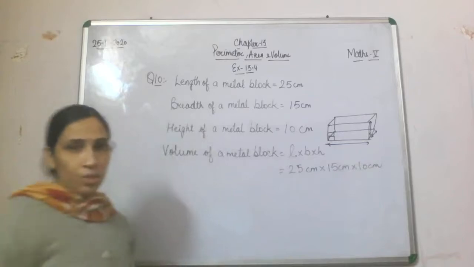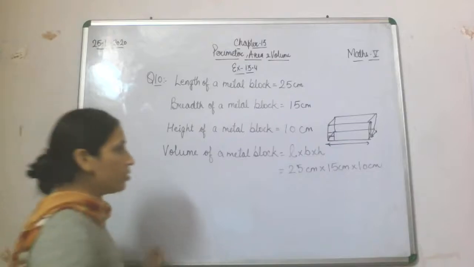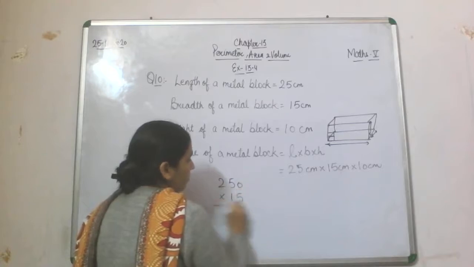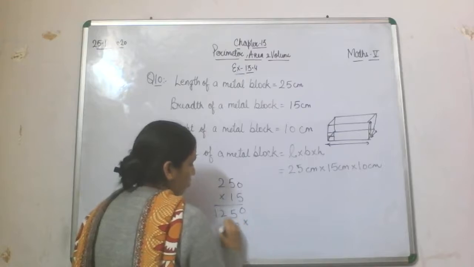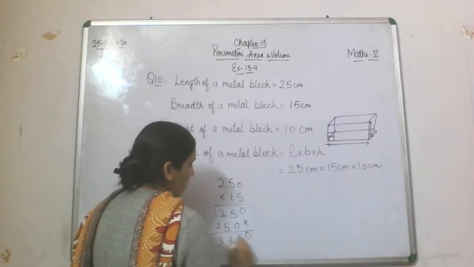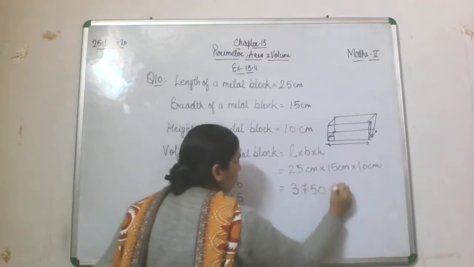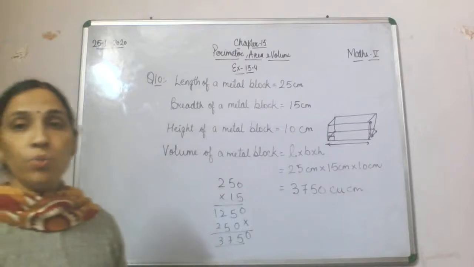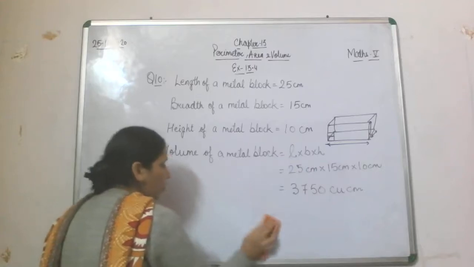Now we do the multiplication. 25 times 10 is 250, and 250 will be multiplied by 15. 5 5s are 25, 5 2s are 10, 12... that is 3750 cubic centimeter. Now this is the volume of that complete metal block.